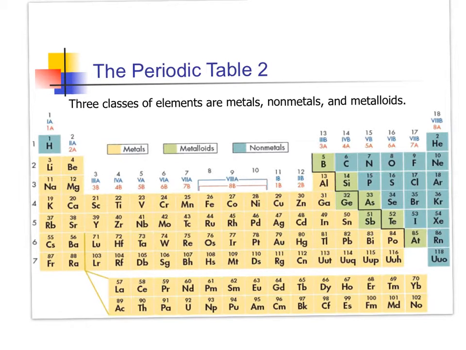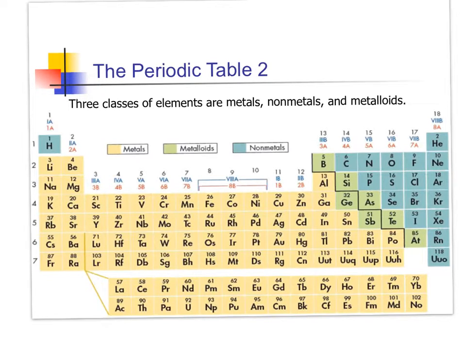Now, when we look at the periodic table, there are some other trends that we see. As we can see, it's colored a little bit differently. My suggestion is getting a fresh new periodic table and coloring the periodic table that you use for tests the same way, where metals are colored one way, non-metals are colored a different way, and metalloids are colored a different way.